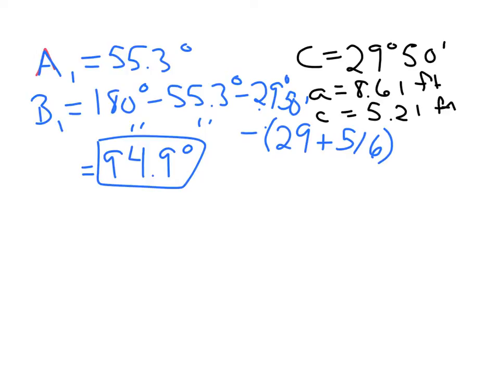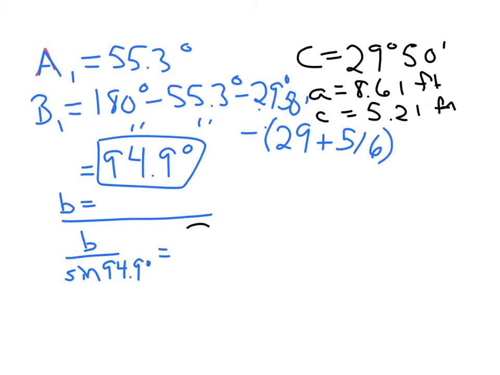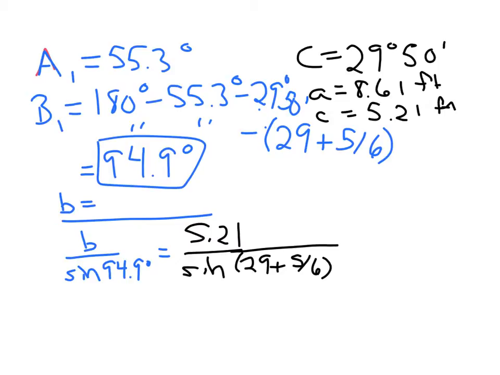And so at this point, the only thing that's missing is side B. And you could find side B using the law of sines. So I'll put B equals blank. The way we would find that is B over sine of B, which we just found, 94.9, equals, it's best to use the given information, so side C 5.21 over sine of angle C. So that's the 29 degrees, and 5 over 6, that's the 50 over 60 degrees, the minutes that are in a degree.